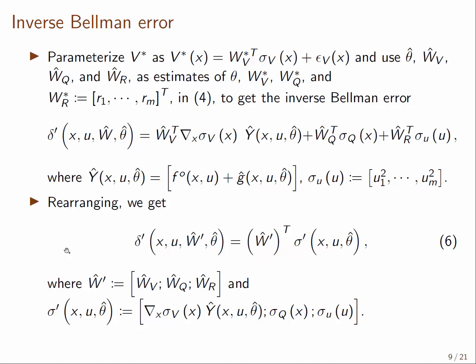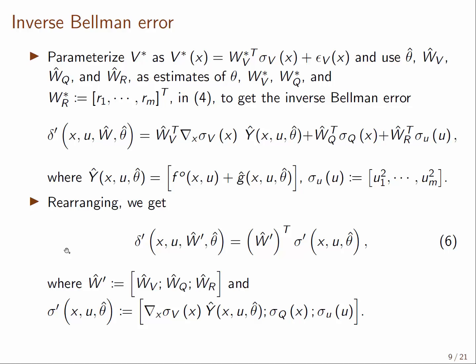Now g hat here is an estimate of the uncertain part of the dynamics, which was g. So what we're assuming is that g can be parameterized using some unknown parameters theta, and g hat of x, u, theta hat is an estimate of g, where we substitute the estimates theta hat for the unknown parameters theta, and that will be made explicit in a minute.